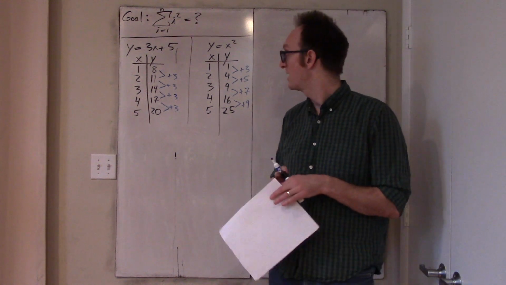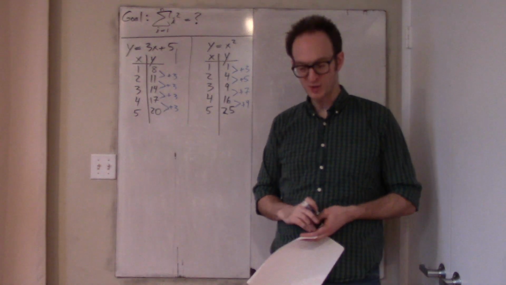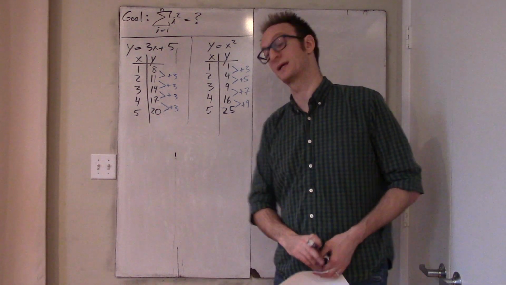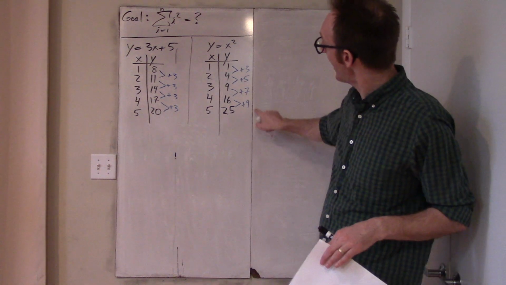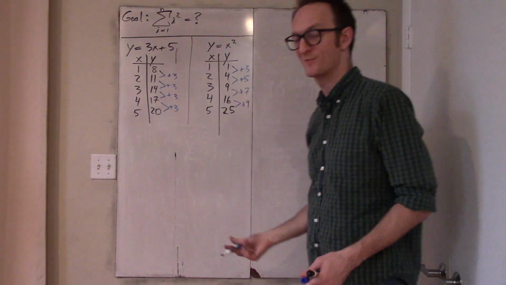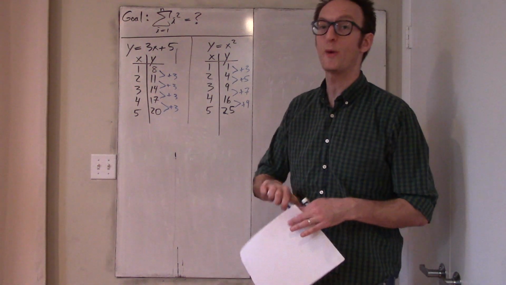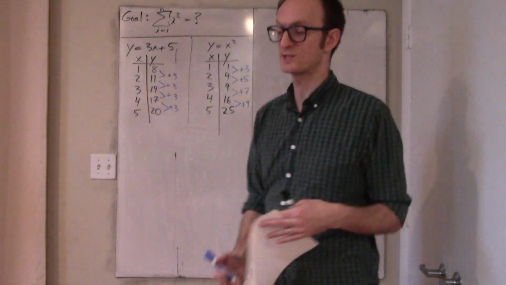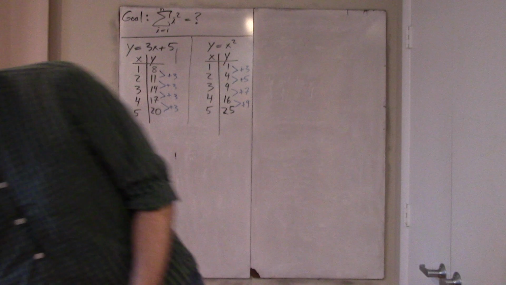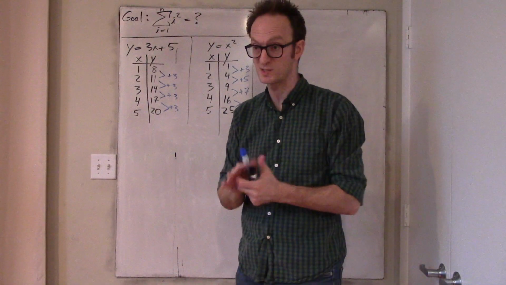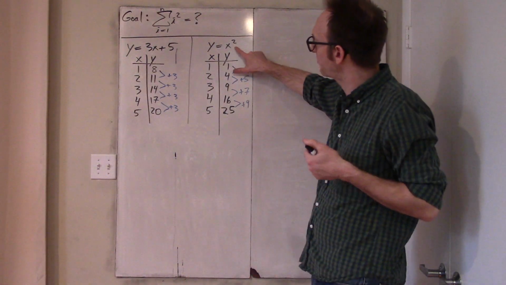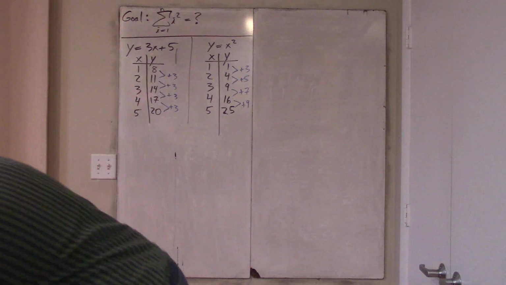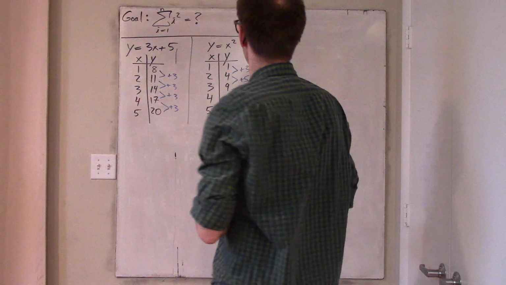In other words, quadratic functions increase at a rate which is itself increasing. These numbers are going up. So quadratics, as you already know, are going up each time by more and more. So there's no such thing as the slope of a parabola, or a parabola having a constant slope, because the rate at which this parabola is increasing is itself increasing. And by how much is it increasing?